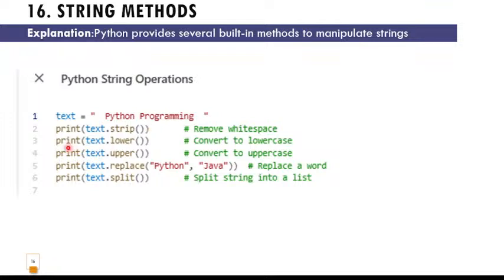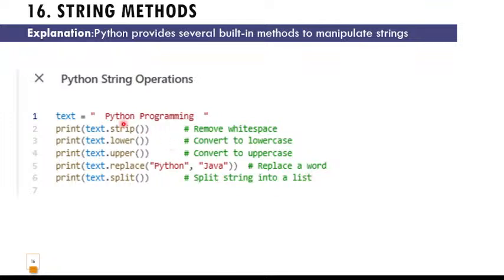Then there is print text dot lower, which converts it to lower case. Then print text dot upper, which converts this string into uppercase. Same with print text dot replace, which here is written for Python and Java; it replaces a word.